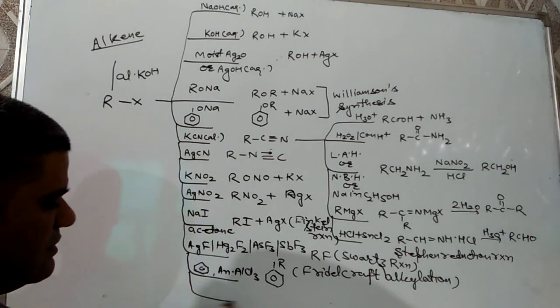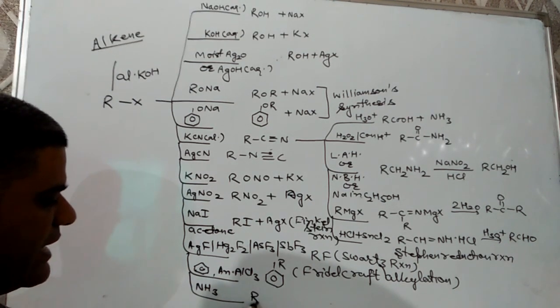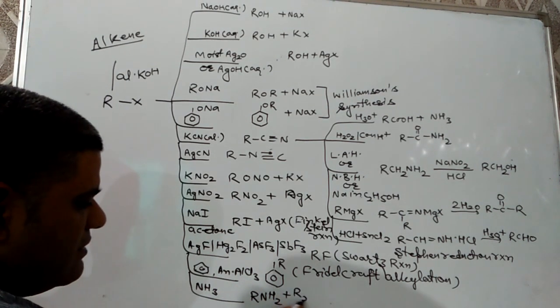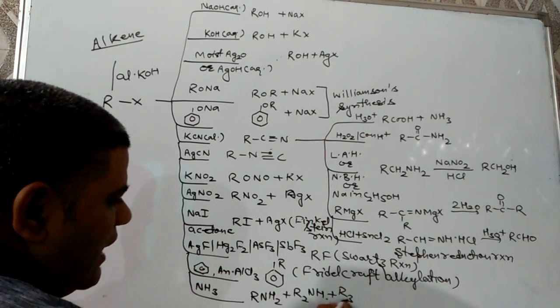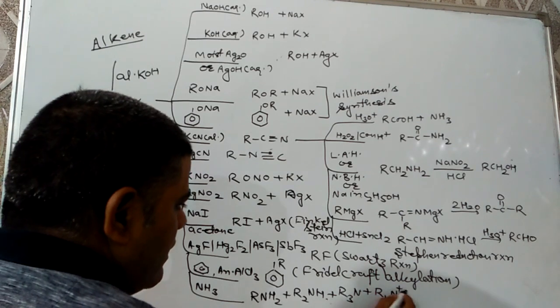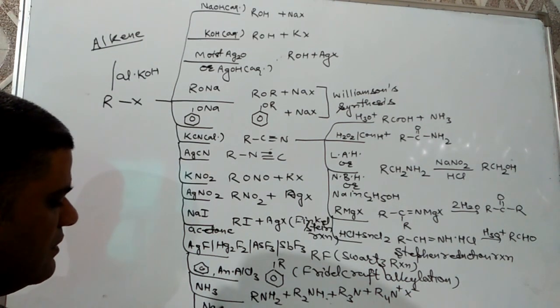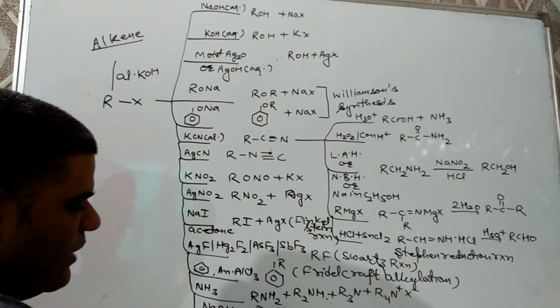Next, if ammonia is added to it, then we will get a mixture of products: primary amine, secondary amine, tertiary amine, and quaternary ammonium salt. Next, if sodium hydrogen sulfide is added, then we will get thioalcohol.